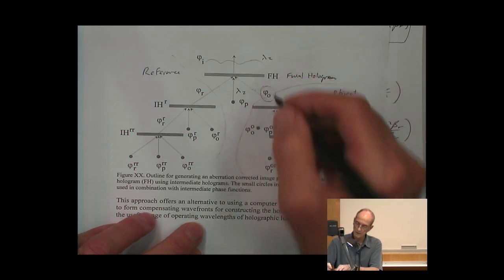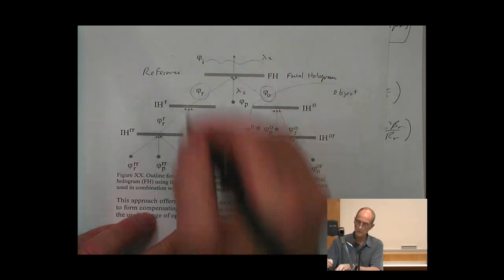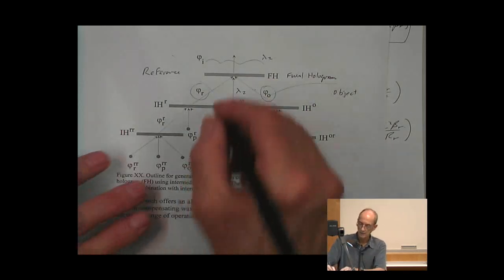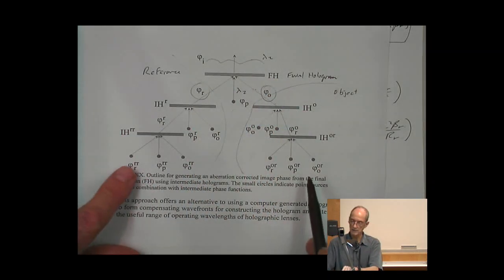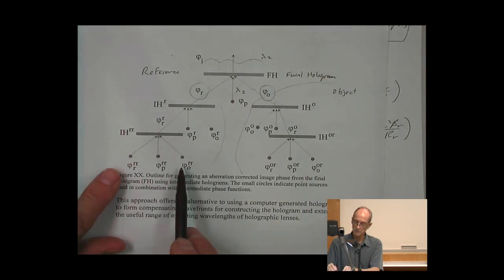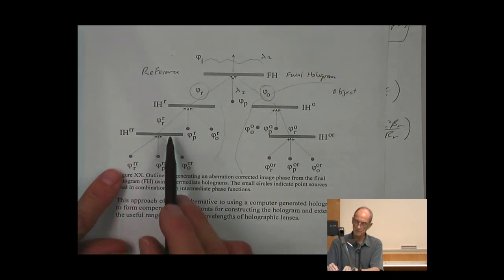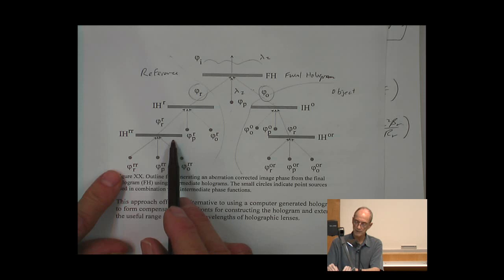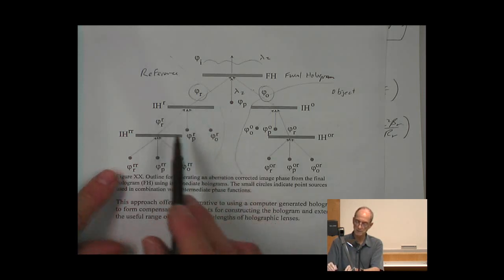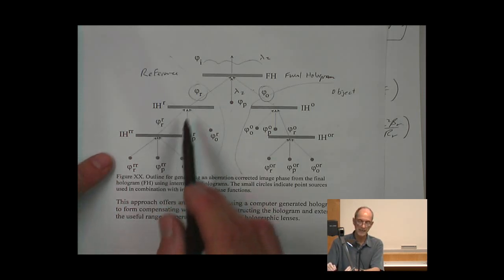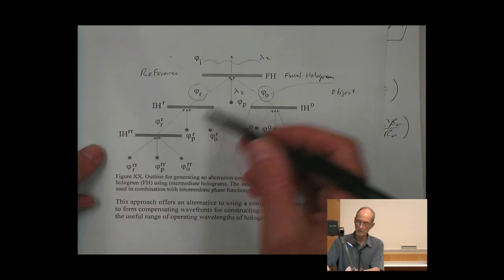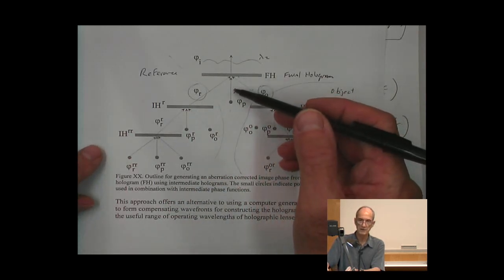Notice here's an object phase and a reference phase. And so what you end up doing is you make a set of secondary holograms that are used in cascade to finally construct this final hologram.